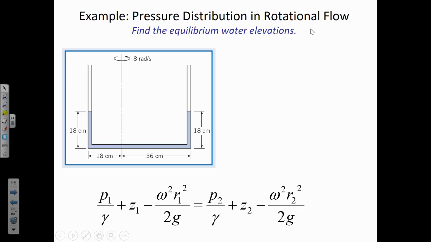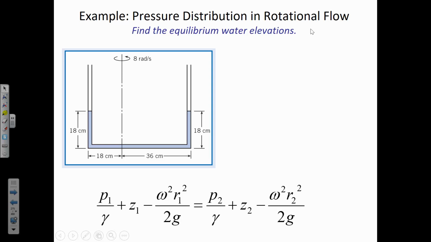When it starts to spin at 8 radians per second, there's going to be some difference in elevation. How do we know where to apply the equation? In other words, where should be 1 and where should be 2? What's the rule of thumb that I told you earlier today? Yeah, more broadly, yeah, so let's do that. This is 1 and this is 2.